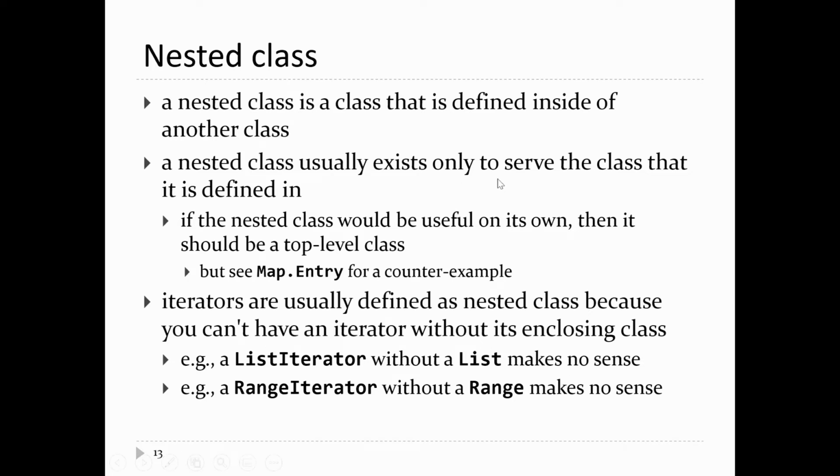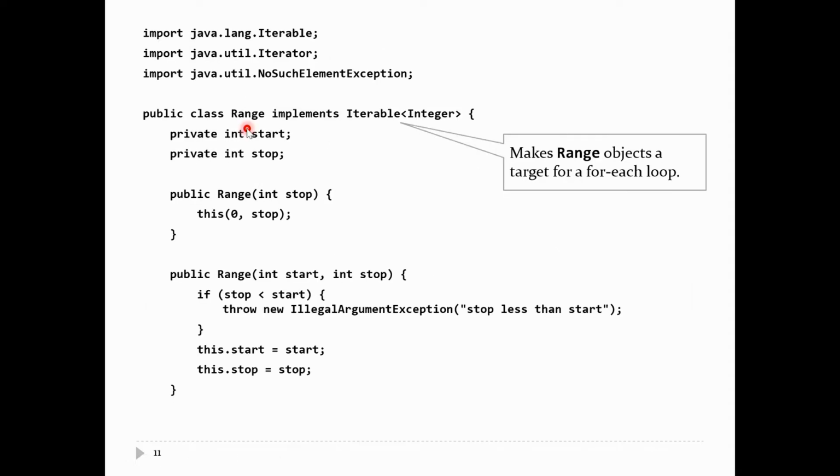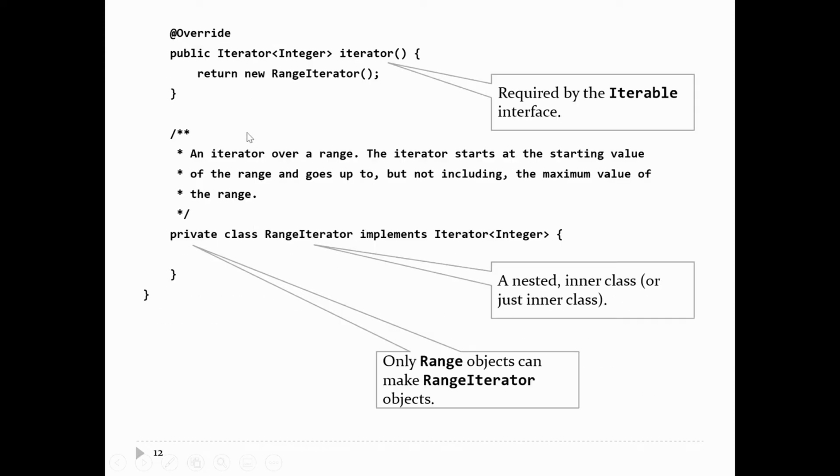So our RangeIterator class, its only purpose is to serve the range class. And the only reason we're making a RangeIterator is so that the thing can count. That's all it's doing. The RangeIterator is the thing that's going to do the counting.